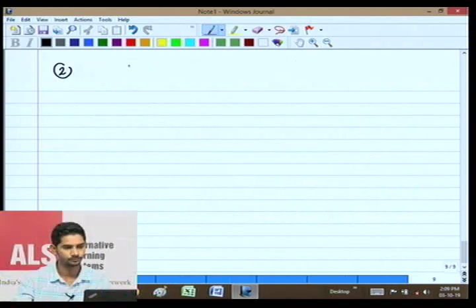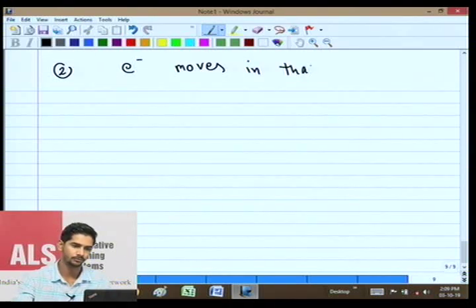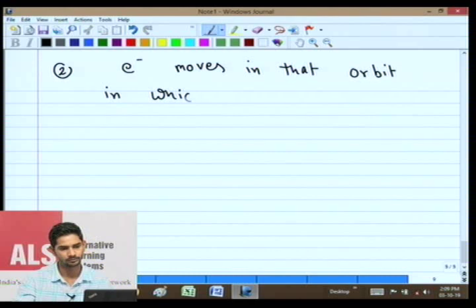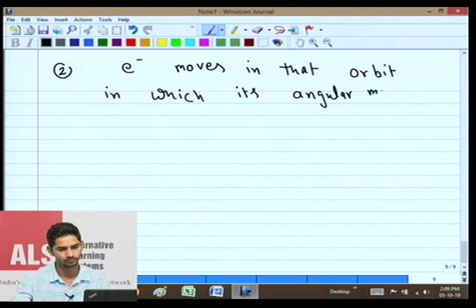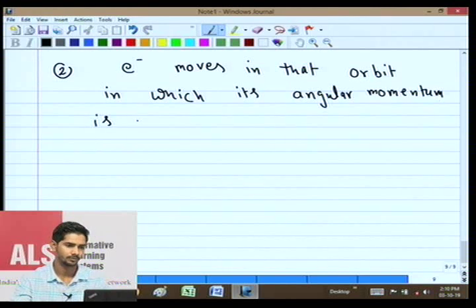Number 2. Electron moves in that orbit in which its angular momentum is quantized.